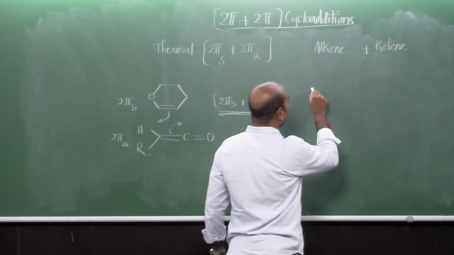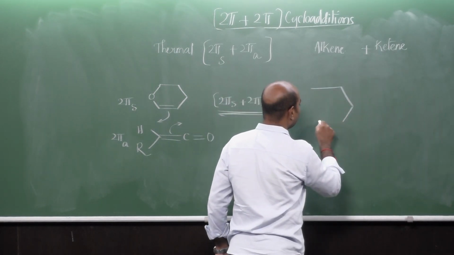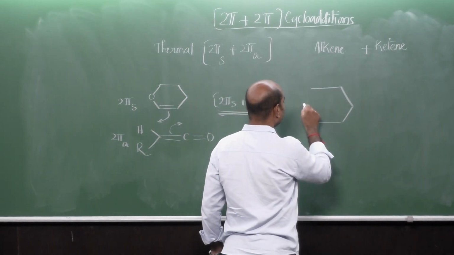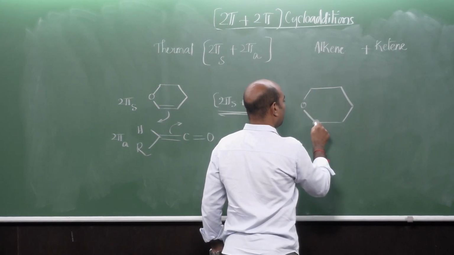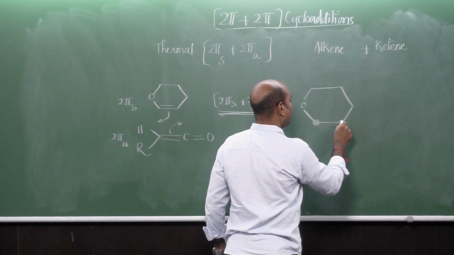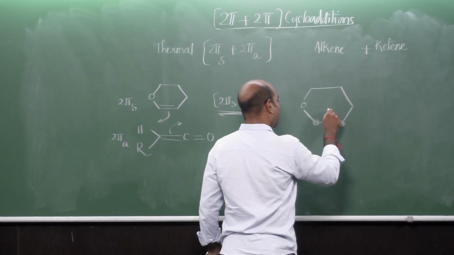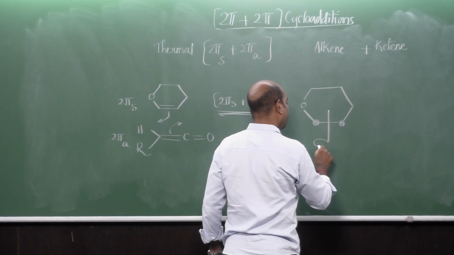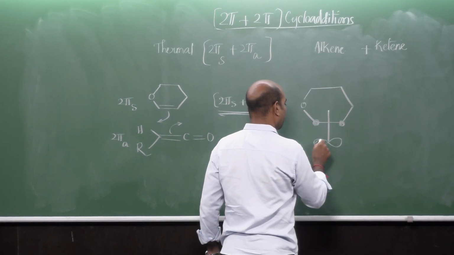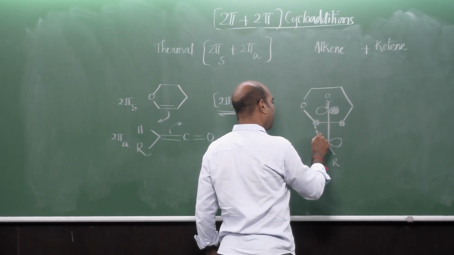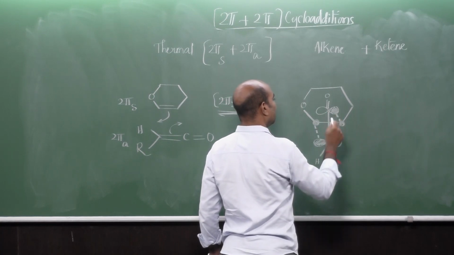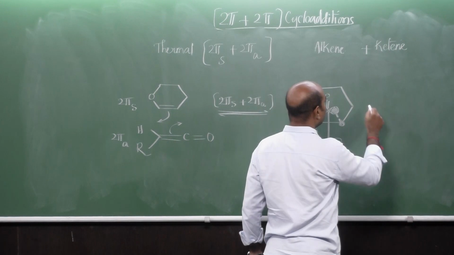Now, what happens initially is, the orbitals are there for the olefin in the same plane and for the ketene they are perpendicular. So, ketene is an antarafacial partner, so bond formation takes place in this way, right.